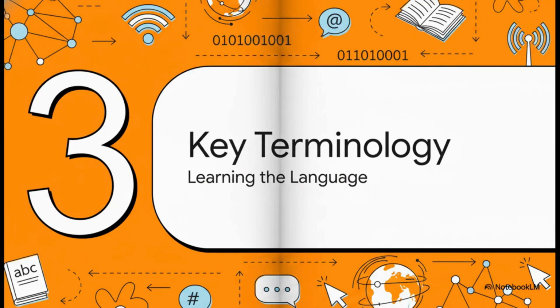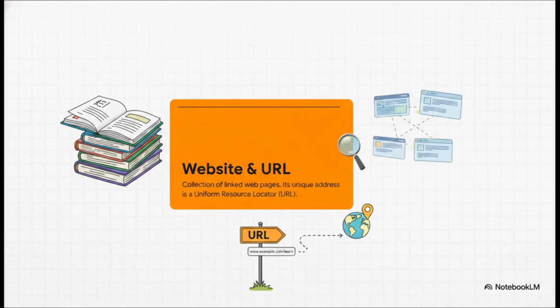On to Section 3, Key Internet Terminology. Think about it like a physical book on a library shelf. A website is basically a collection of related digital web pages all linked together. But how do you actually find it? Well, every single website has a completely unique address, and we call that a Uniform Resource Locator, or URL for short.